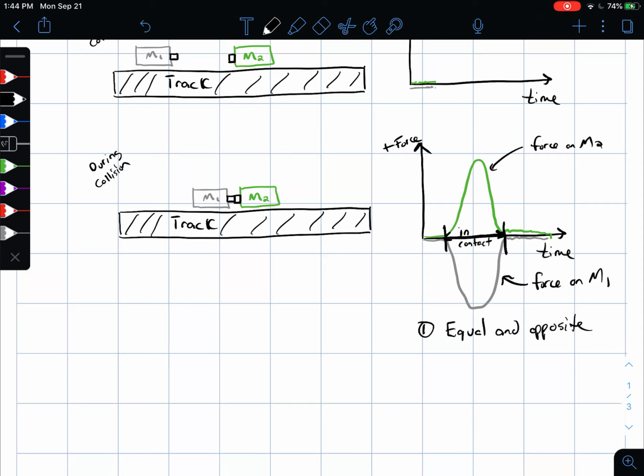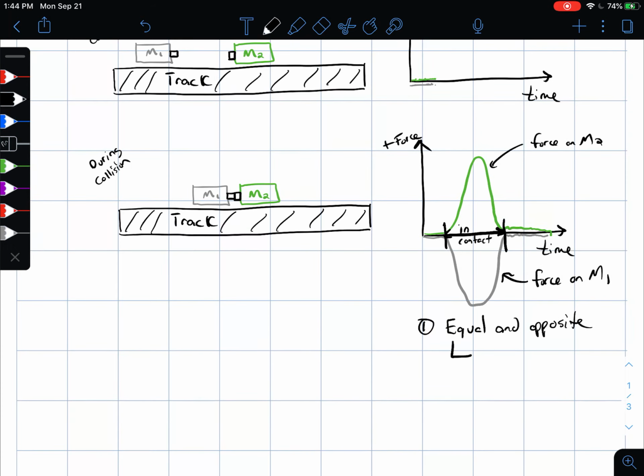These are the forces on the two carts. When they're in contact, Newton's third law tells us that the force from M1 on M2 is equal and opposite to the force of M2 on M1. That is exactly what this plot is displaying, so this is more or less a verification of Newton's third law. That's not something new to this week; it's just a side effect that I wanted to point out.